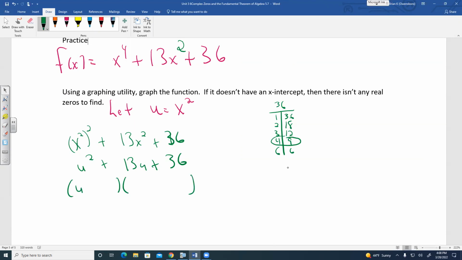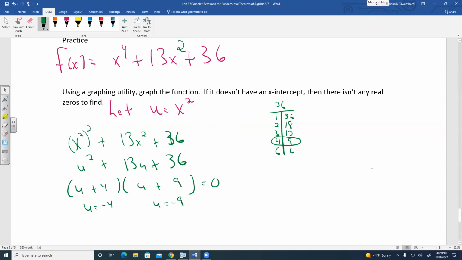So this is going to turn into u plus 4 times u plus 9 equal to 0. So what we're going to do is we're going to have u equals -4 and u equals -9.